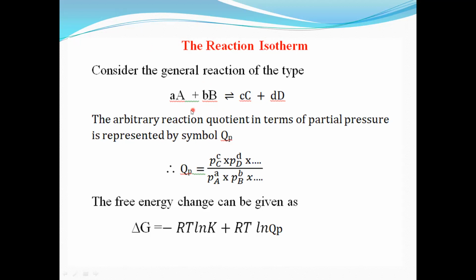Let PA, that is P with suffix capital A, be the partial pressure of A. PB is the partial pressure of B, PC is the partial pressure of C, and PD is the partial pressure of D.